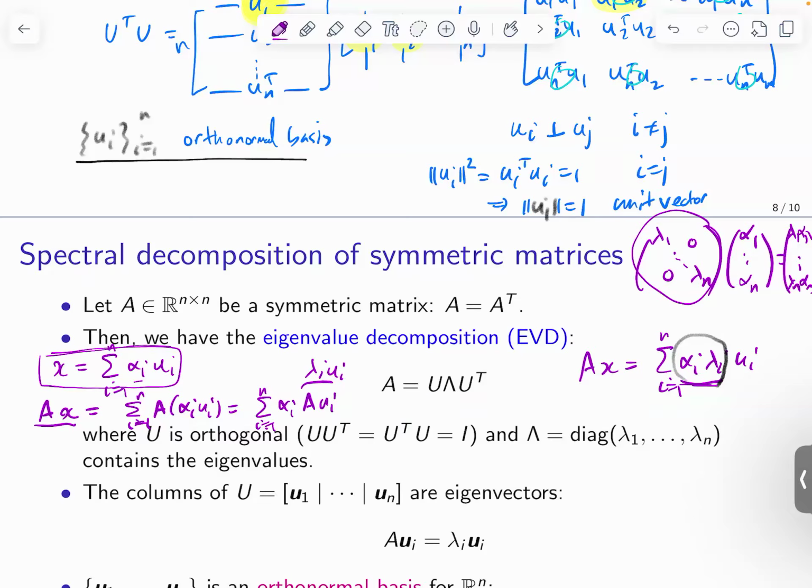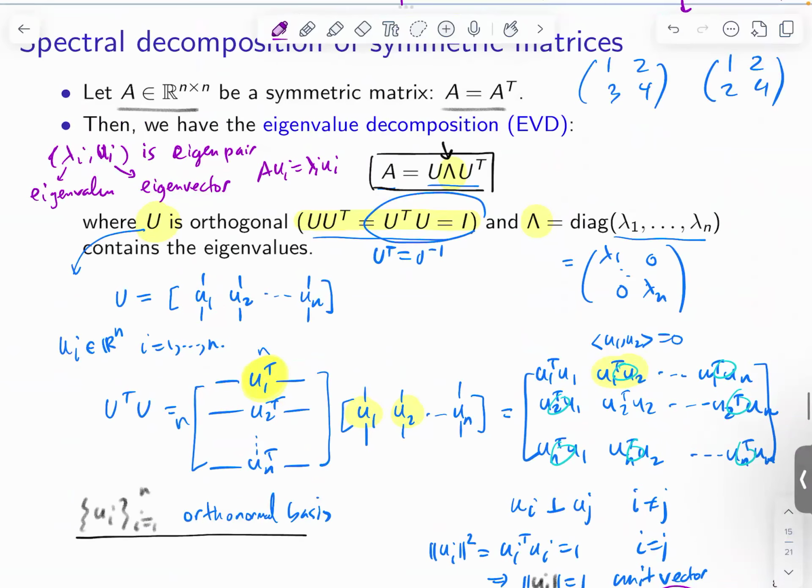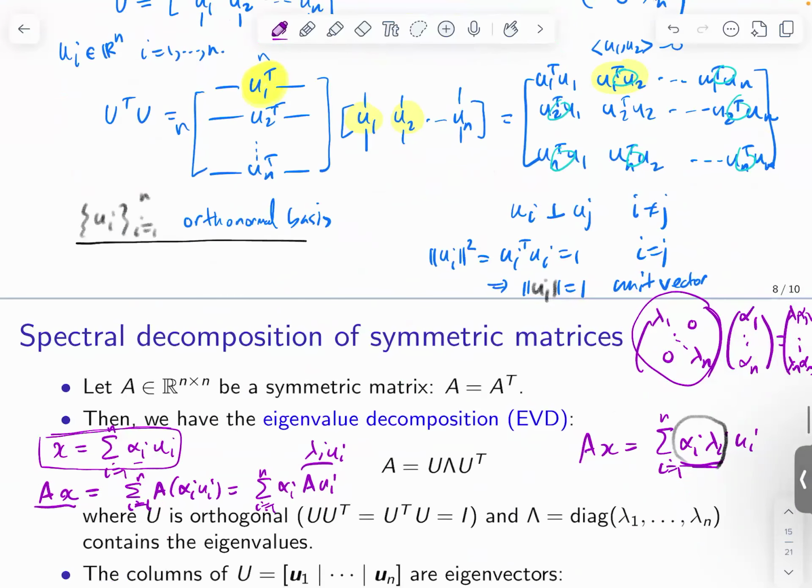In that basis, the matrix looks like a diagonal matrix. That's what diagonalization means. This is compactly represented here, and when I multiply this by x, you can verify that this is really computing those alphas.